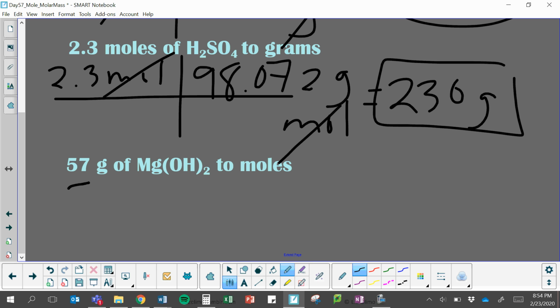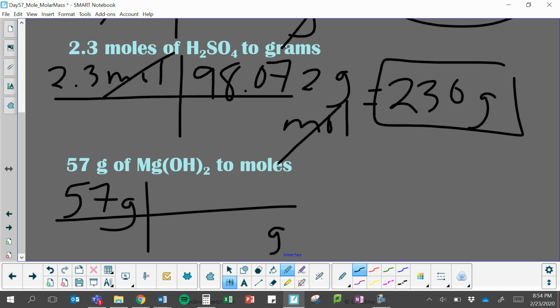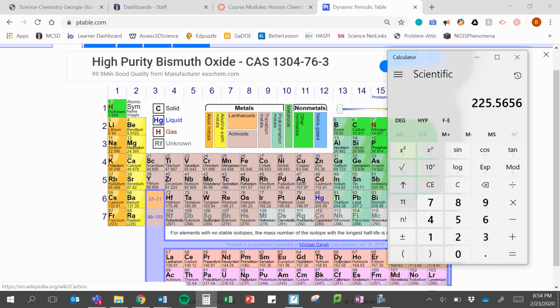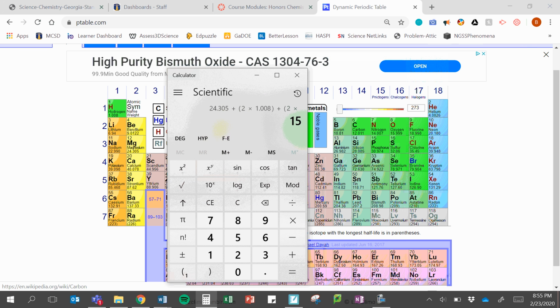This next one, we have 57 grams of magnesium oxide. Our grams go down here. Our moles go up here. So I'll do that on here. Magnesium is 24.305. Plus we have 2 hydrogen. Plus we have 2 oxygen.